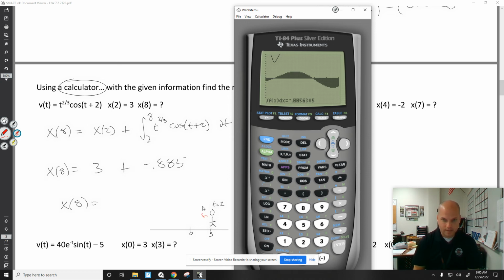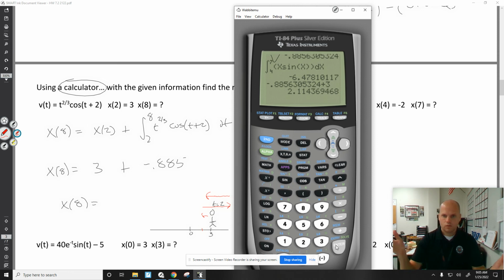I move right a bunch, but then I end up moving back left, maybe a little bit less, maybe a little bit more. I'm not exactly sure. And where do I end up? In this position, to the left 0.885 units at t equals 2.114. I just added those two numbers together.